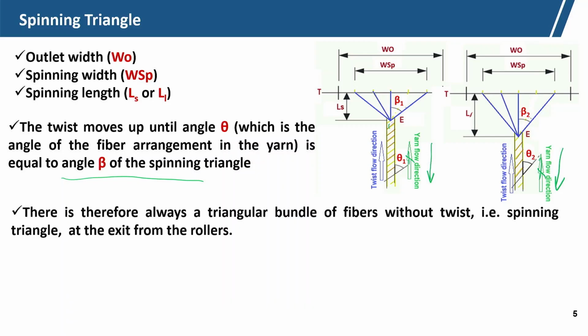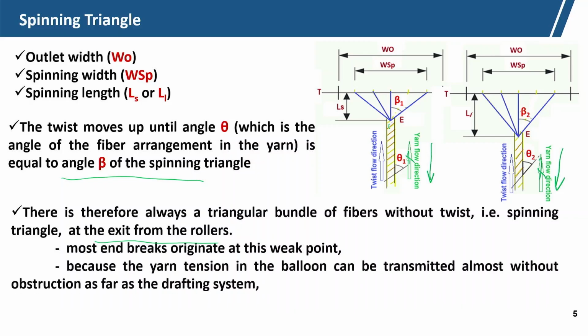There is therefore always a triangular shape where there is no twist. So, that is the spinning triangle at the exit of the roller. At the exit point there will always be a triangular formation. Most end breakage originates at this weakest point, because the yarn tension in the balloon can be transmitted almost without obstruction to the drafting system.